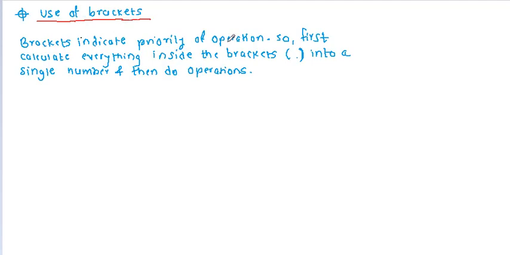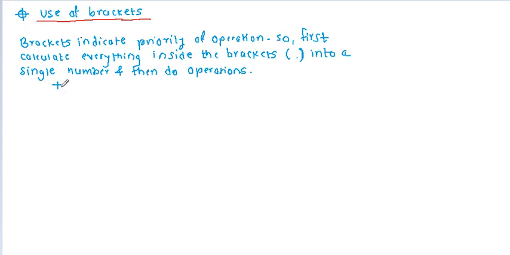Whenever there is a bracket in a calculation, we need to solve that operation first, and then we will solve the outside operations. That means brackets set the priority of the operations.